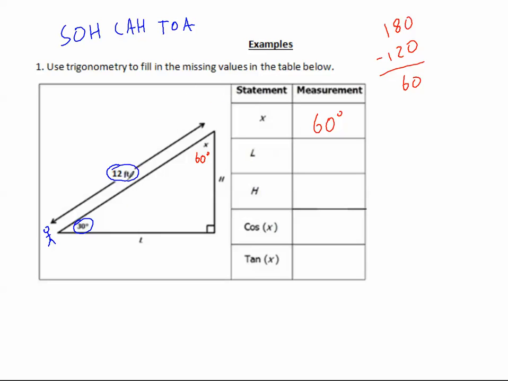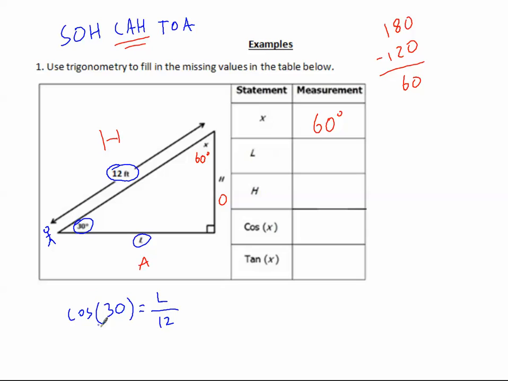We have 12. We are looking for L. 30 degrees is my angle. From this angle, this is adjacent and opposite and hypotenuse. I will be using adjacent and hypotenuse for this, which means I'm using the cosine. So I will say that the cosine of 30 is equal to adjacent, I'm going to call that L. If you like x, you can switch to x, doesn't matter, over 12.